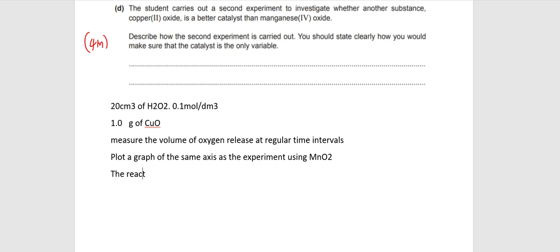The reaction with a steeper graph or a faster rate is a better catalyst. Now, why must you mention the volume of hydrogen peroxide, the concentration and the mass? Because everything must be the same. Everything must be exactly the same.